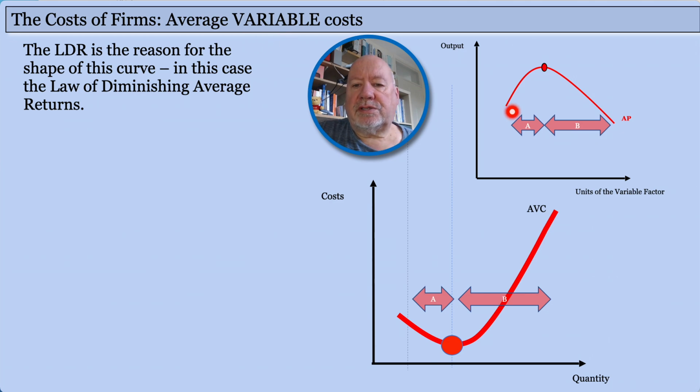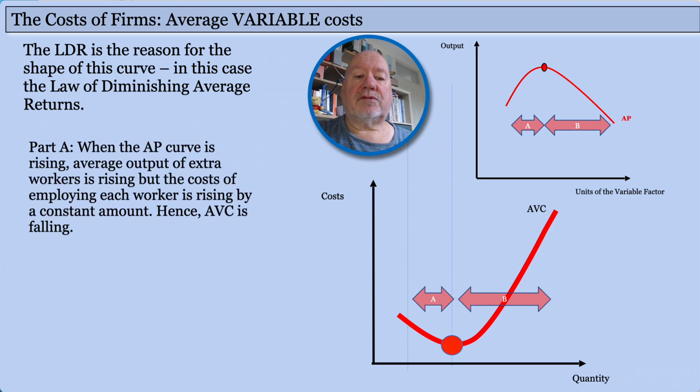Okay, let's have a look at the variable costs then. So just as a reminder, in terms of the law of diminishing average returns, remember the average product rose, then the average product fell. Okay, and that's because of the law of diminishing average returns.